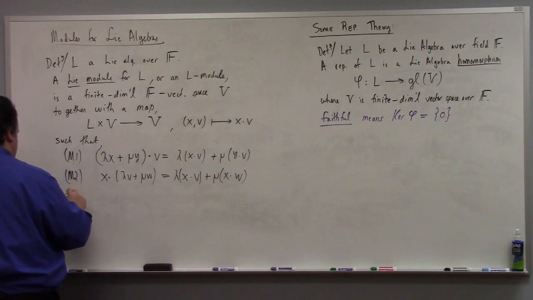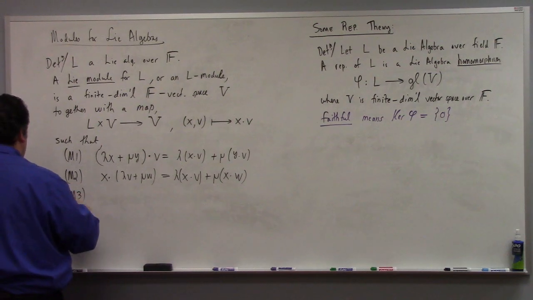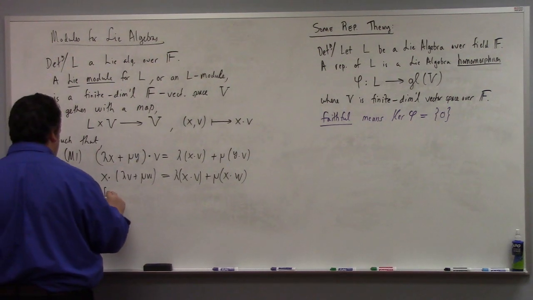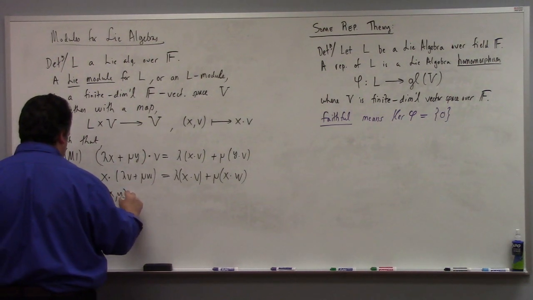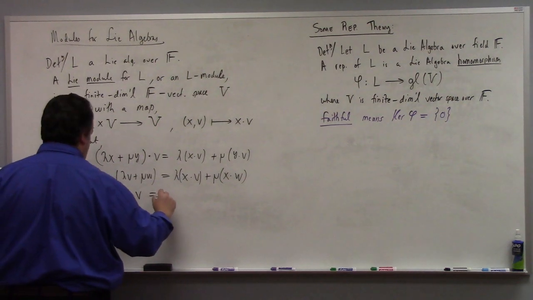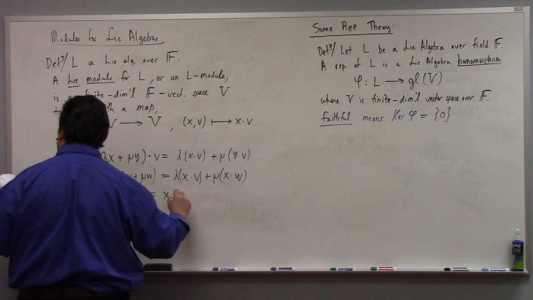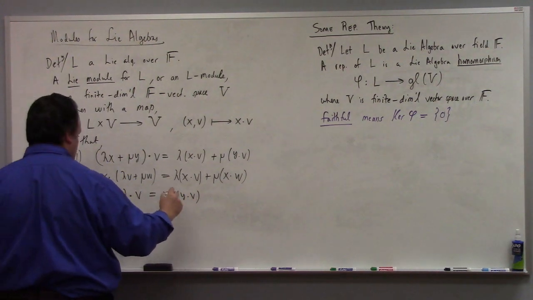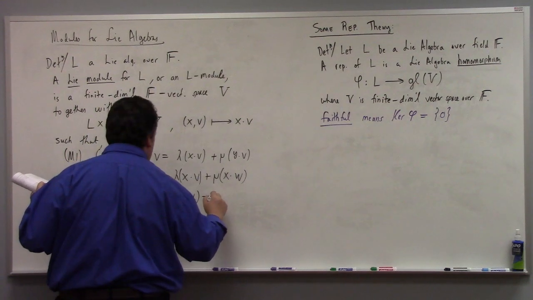And finally, something. I'm like, where's the Lie algebras in any of this? Here it is. So the Lie bracket of x and y dotted with v is equal to x dot y dot v. So it resembles the commutator, but with dots.